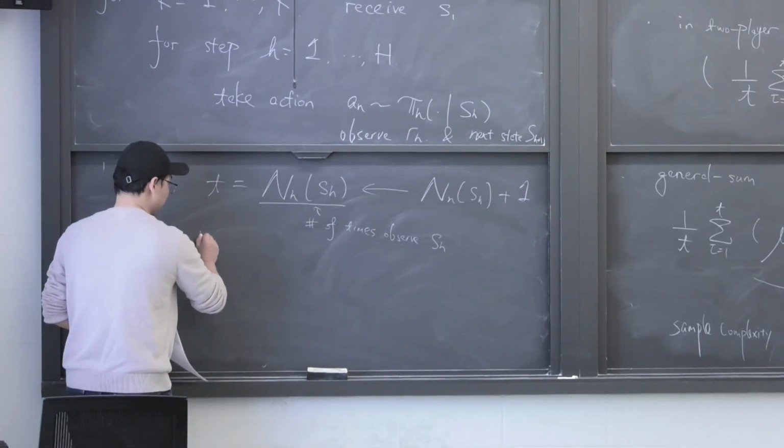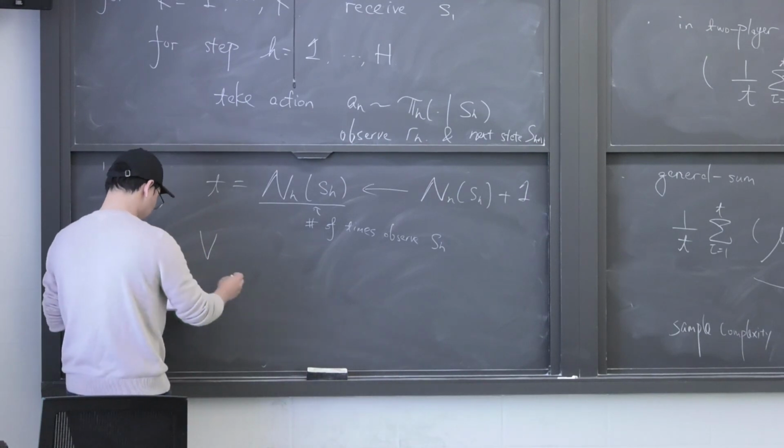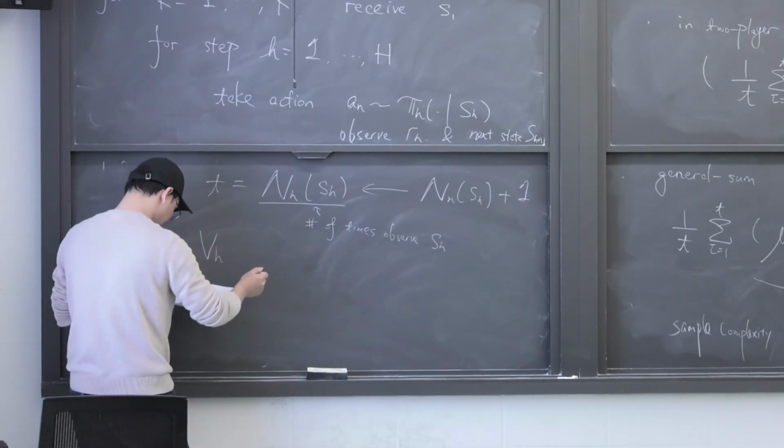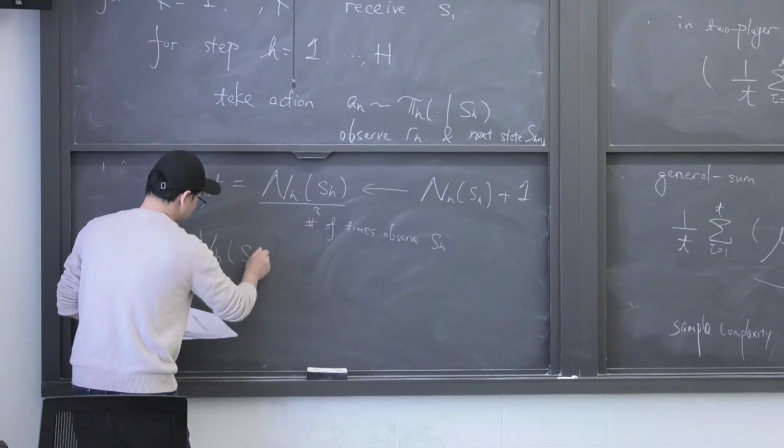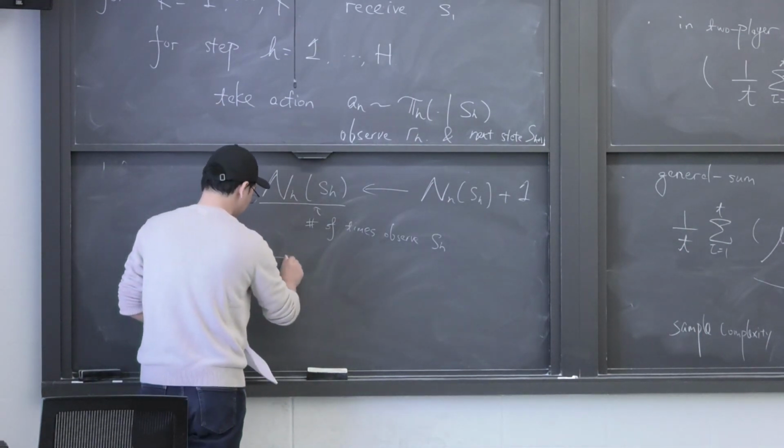And then the key steps are the following two steps. The first one is we update the V value of the current state we observe.